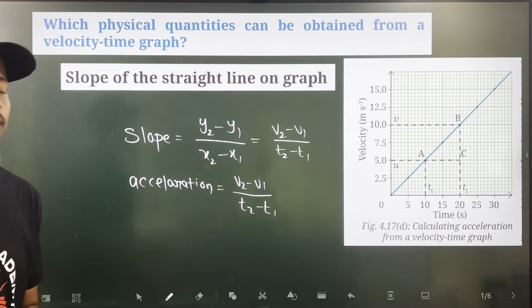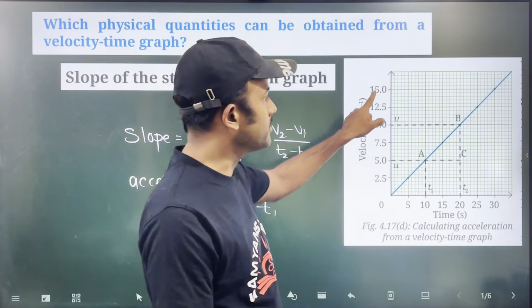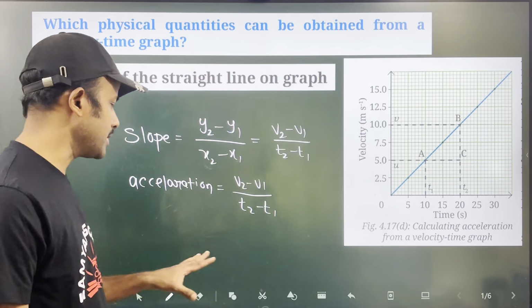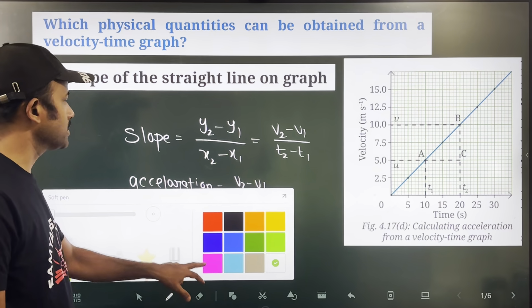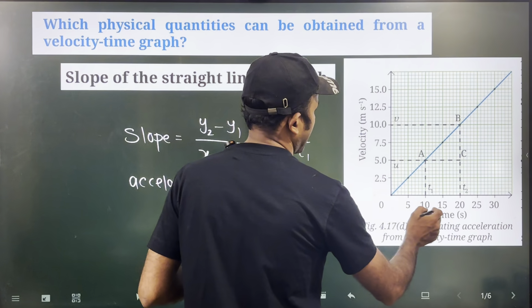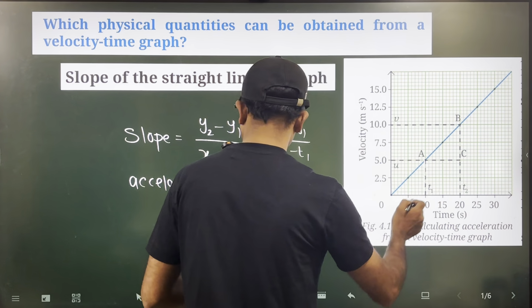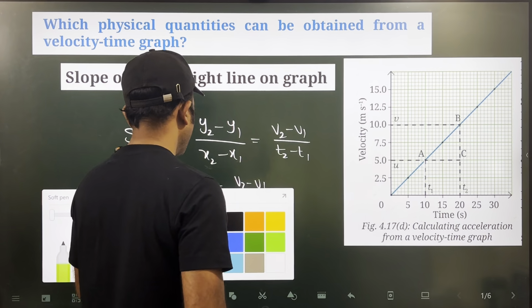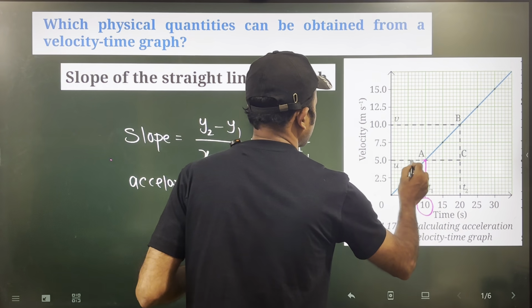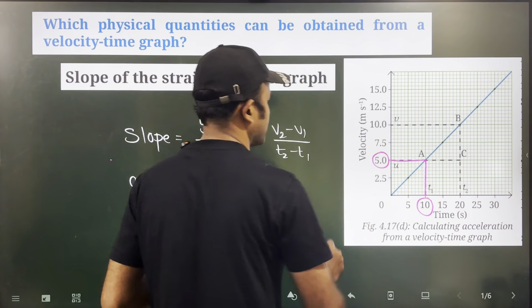Then how do you find the acceleration from this graph? Let us take any two values. Let us say this is at time t1 seconds, where t1 is 10. At 10 seconds, the velocity of the object is 5 meter per second.